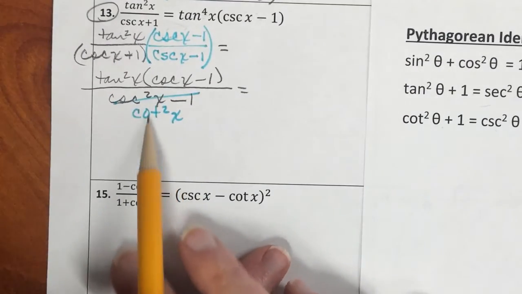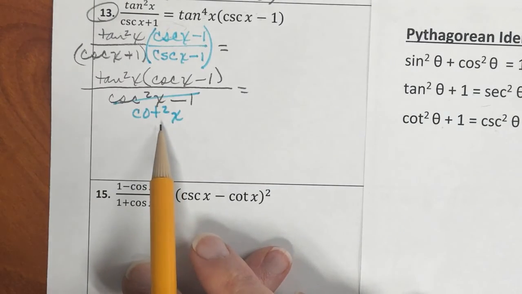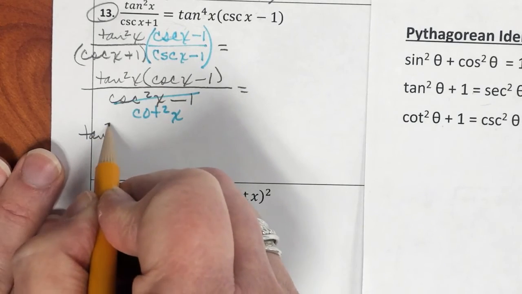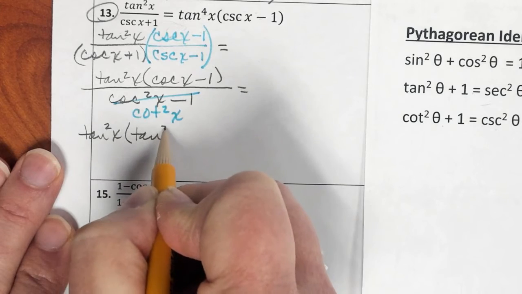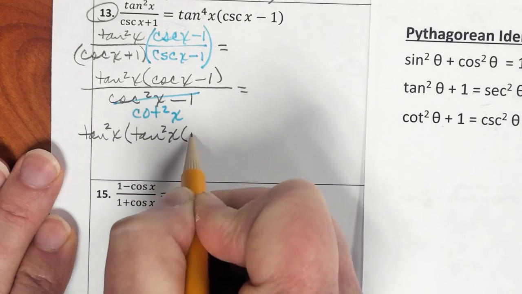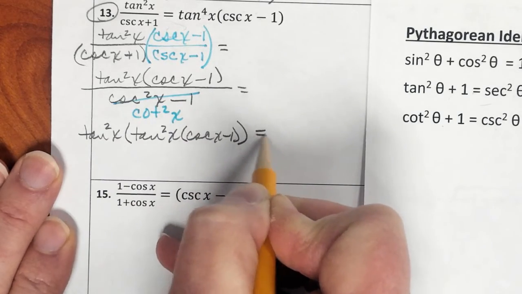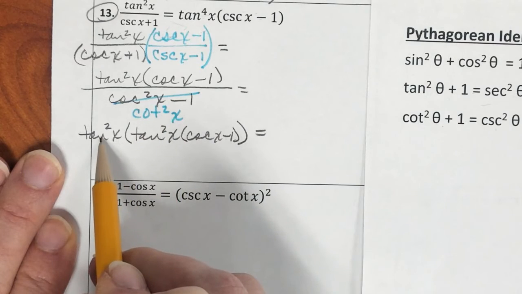So, this lovely cotangent squared in the denominator can be rewritten as tangent squared times all of this, cosecant x minus 1, right? That cotangent squared in the denominator can be written as tangent squared.